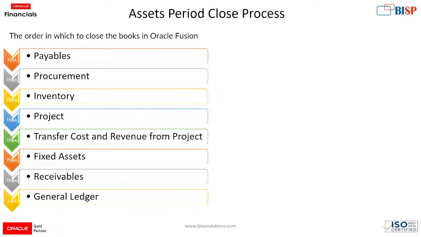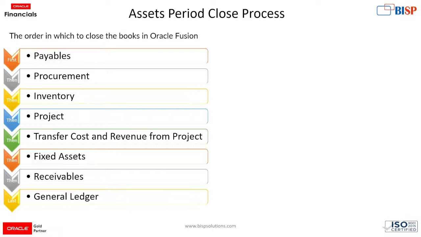Close inventory before closing projects, so that the project-related inventory transactions are completed and imported into projects. Transfer all relevant project cost to fixed assets, then transfer revenue to receivables before closing fixed assets and receivables. And last but not least, close all subledger applications before closing the general ledger.